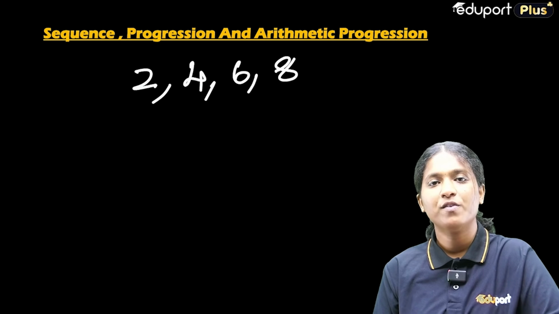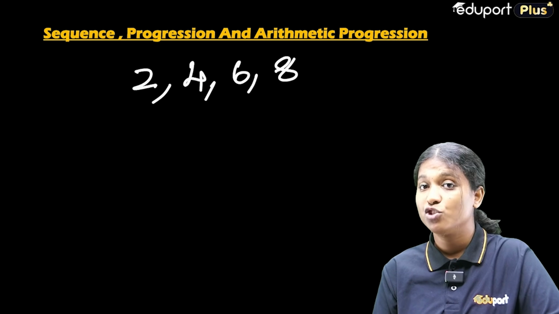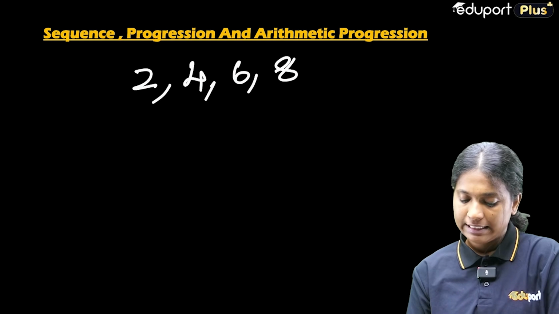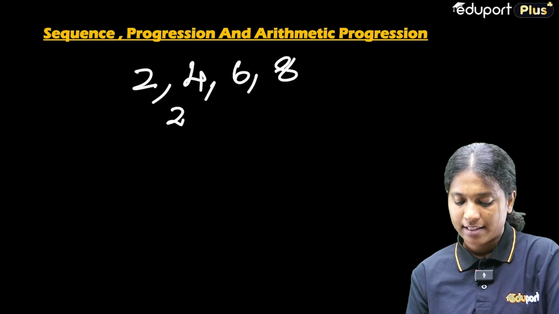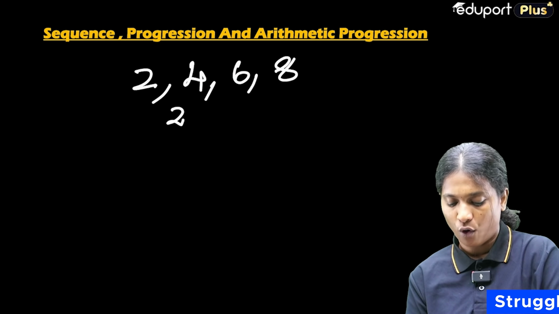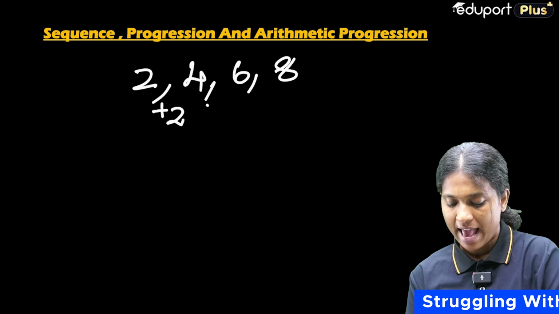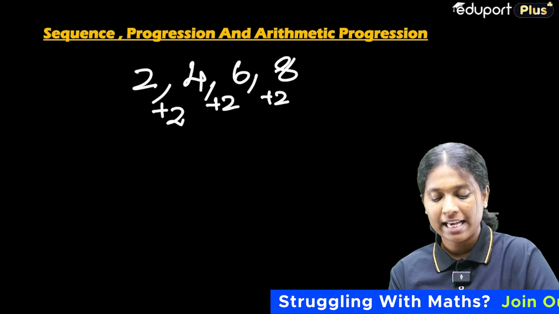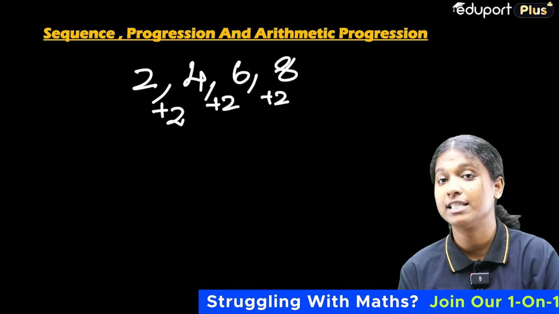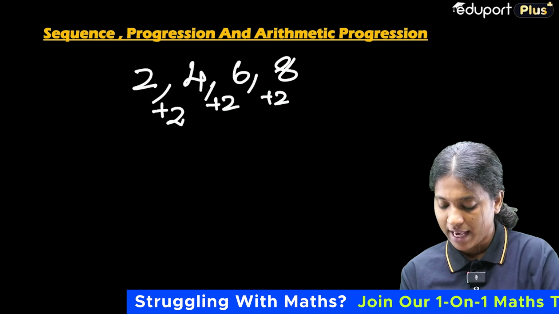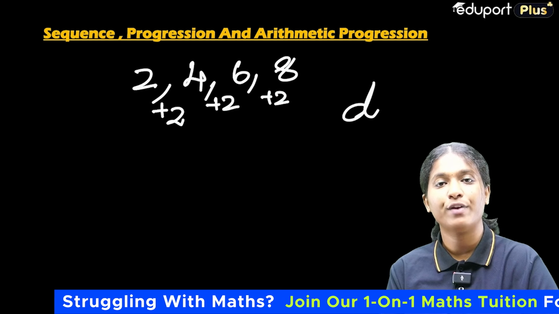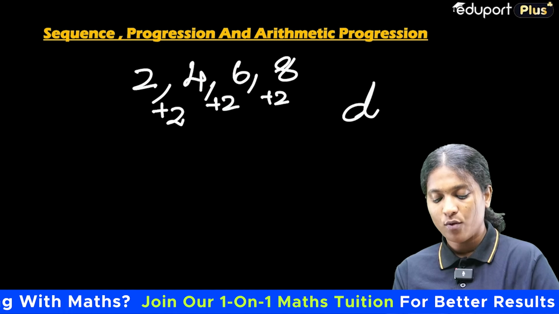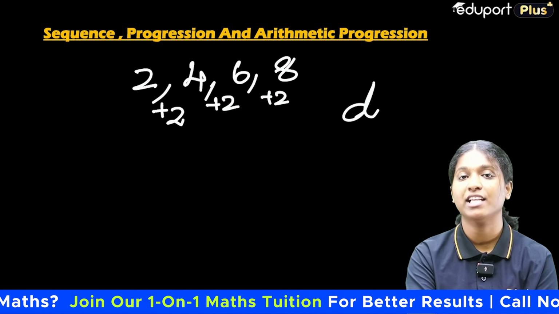This is a sequence, because there is an arrangement or order, and you can guess the next numbers as well. 2 plus 2 gives you 4, and again 4 plus 2 gives you 6, and plus 2 gives you 8, which implies there is a constant difference, which we can denote by d. That's why this progression is called an arithmetic progression.